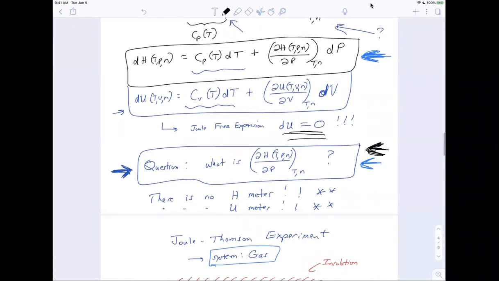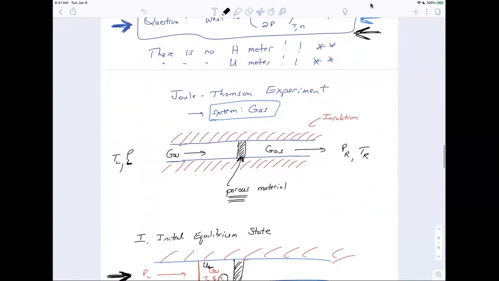Because that constant enthalpy process is going to allow us to set this to 0, just as we did dU is equal to 0 for the Joule free expansion experiment. Okay, so let's go and answer our question then. And our question was, what is the partial of H with respect to P? Let's answer that question now, since we know dH is 0.